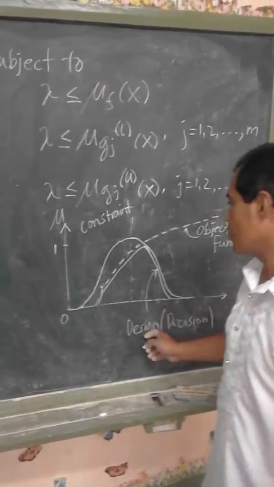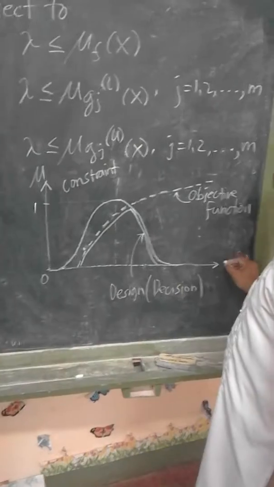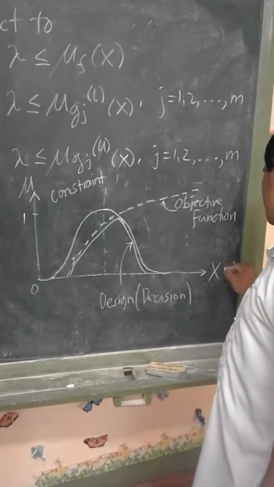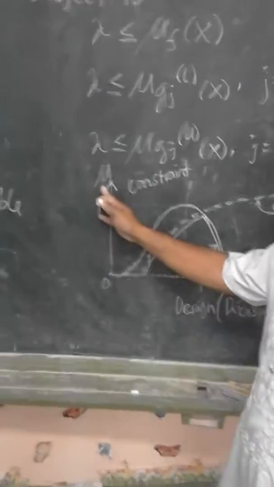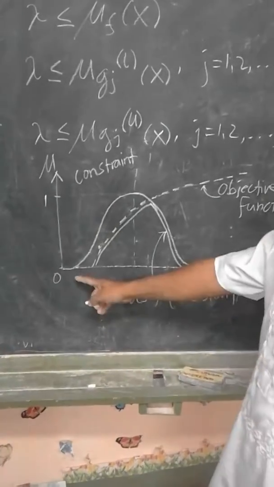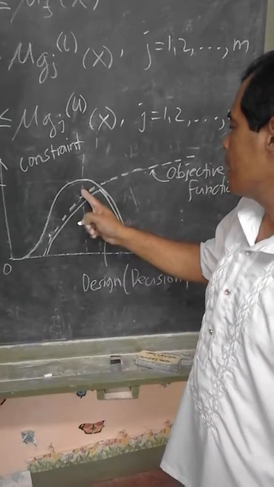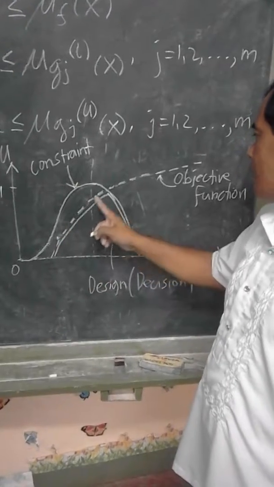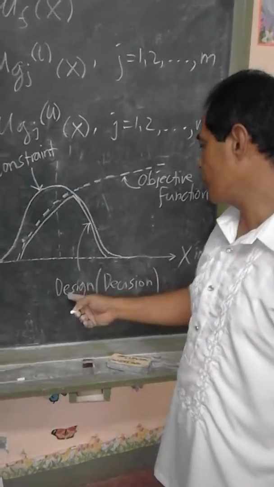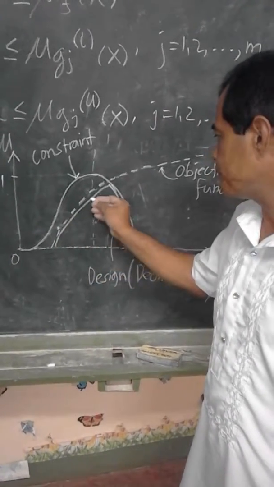And to have the graph of this design vector, for example, we have a graph from 0 to x, x in inches, and 0 to 1 for the mu. The solid line of this graph is the constraint. The cutting line is your objective function. Then the decision, or the design variable, in this case is the solid one.